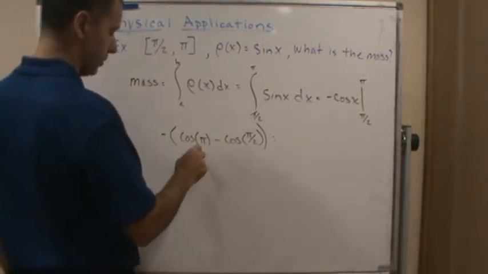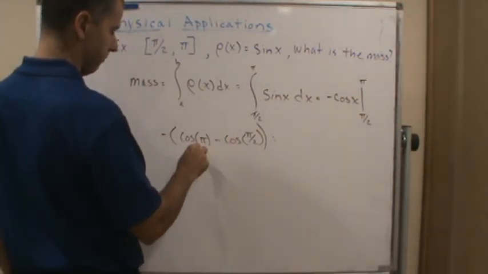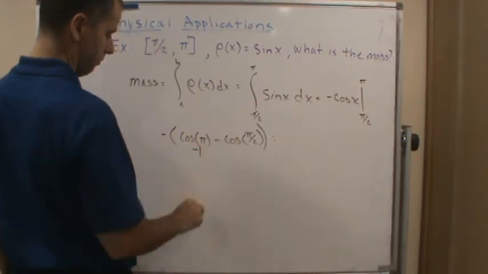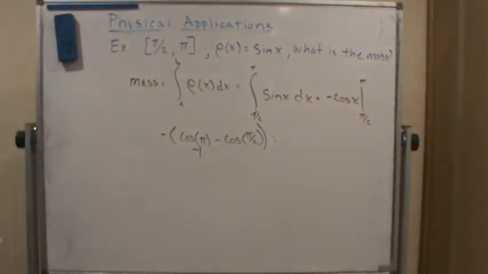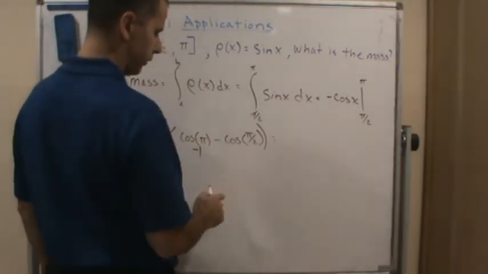Cosine of pi is negative 1. What's the cosine of pi over 2?